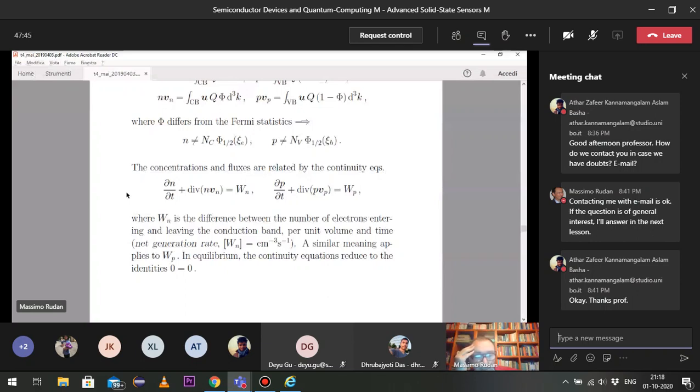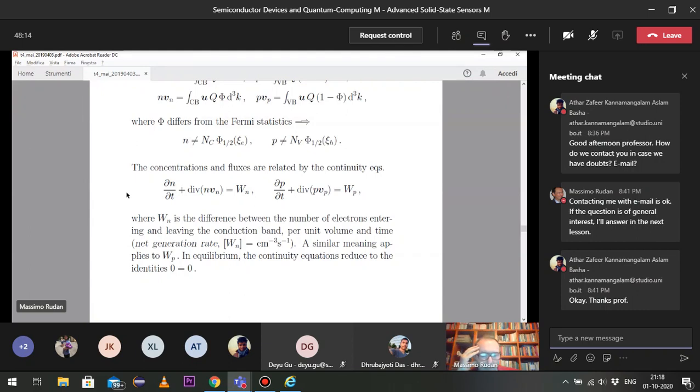Whereas it looks like Wn and Wp could be associated to the destruction or creation of electrons or holes, okay? So this looks odd, but I can give you an easy example of how this can happen, okay?